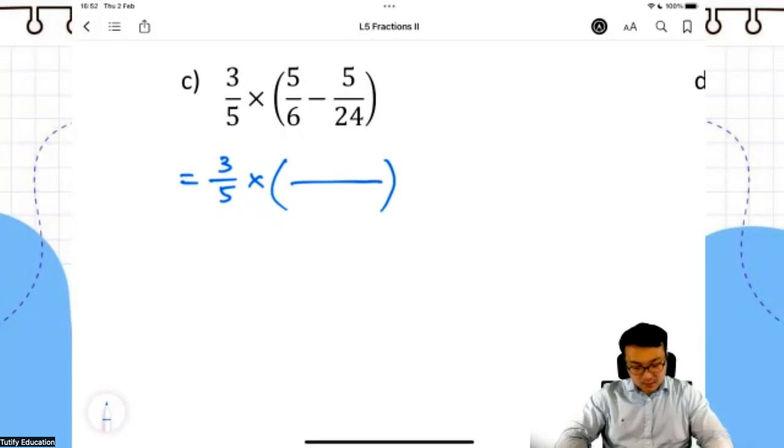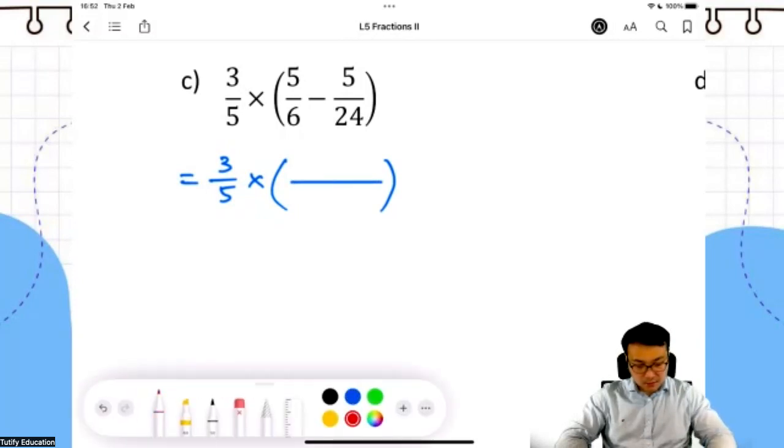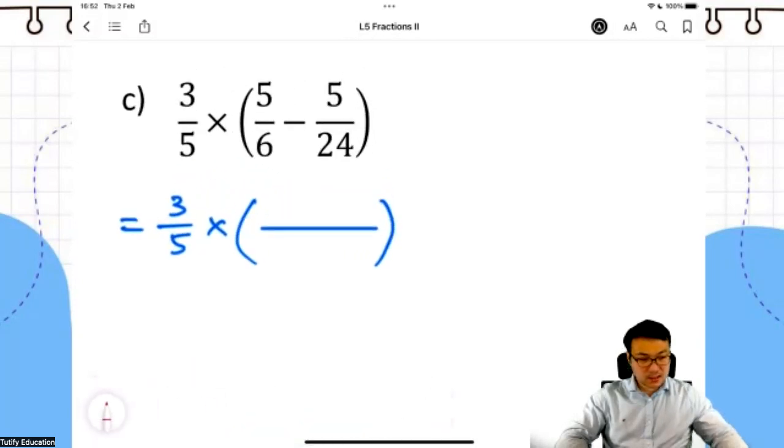What should I change? The number 6 needs to be changed to be the same as what? The same as 24. Yes, so 6 times 4. Yes, okay.